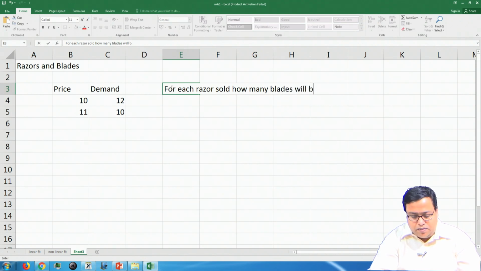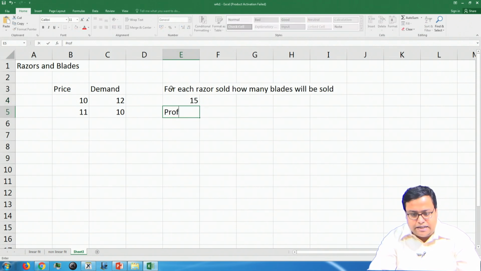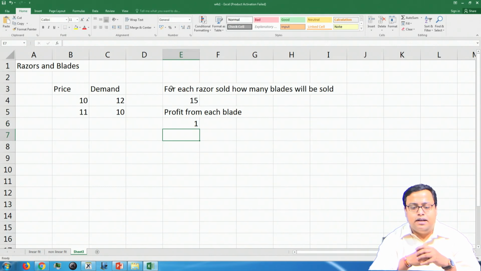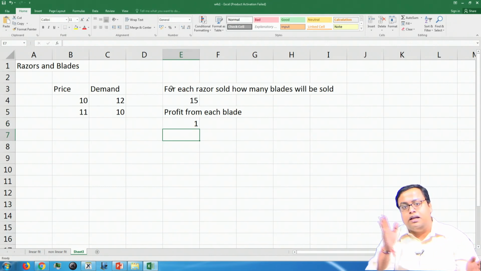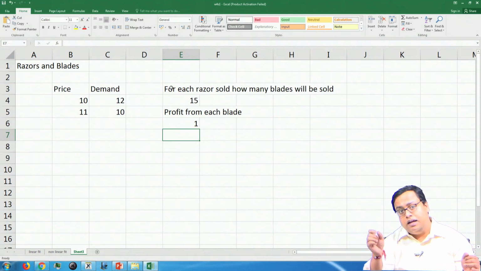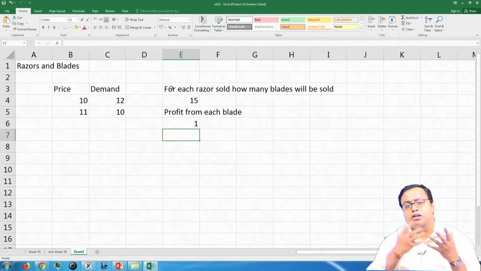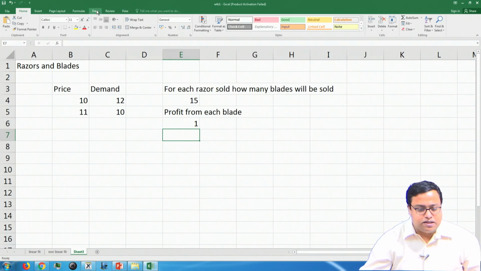Let us say 15, and let us say the profit from each blade is around $1. So, this is the case that has been given to me: there is a demand function for the razor, and for each razor sold I know there are 15 blades that will be sold, and I can earn $1 per blade. Now, how much should the price be? This is a classic case, and I will show you something here.